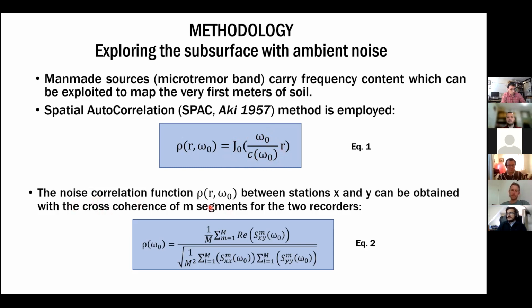The noise correlation function between station X and Y can be obtained with the cross coherence of M segments for the two recorders. So here we have the noise correlation function.